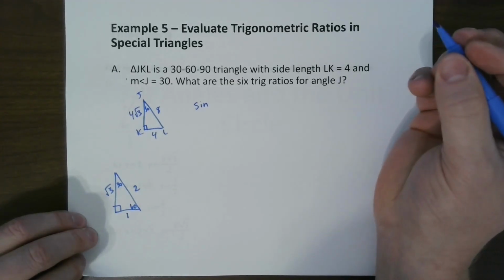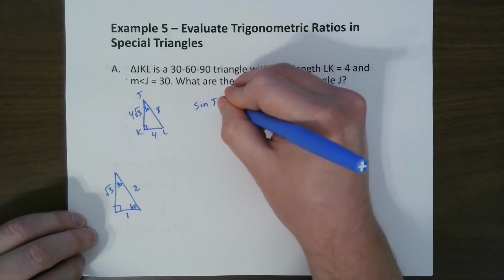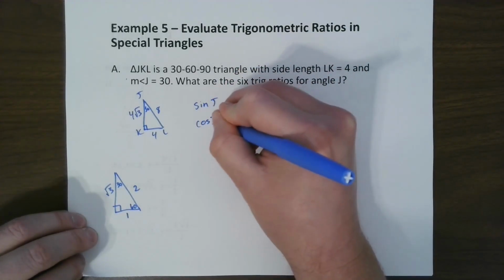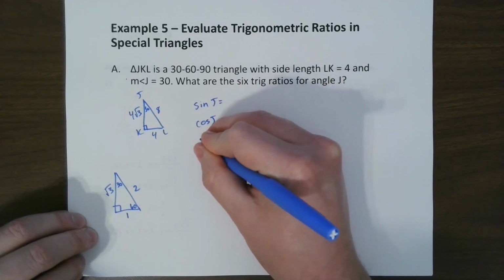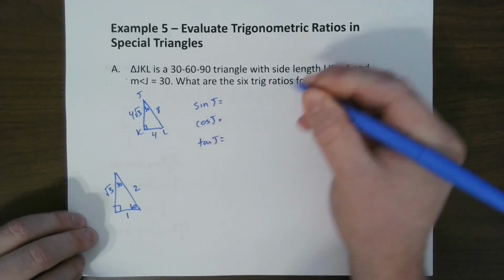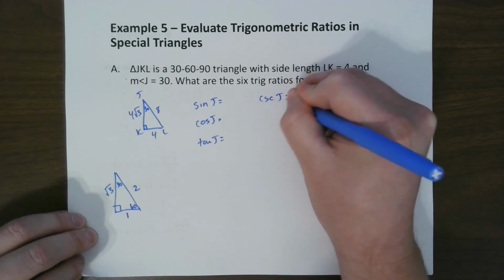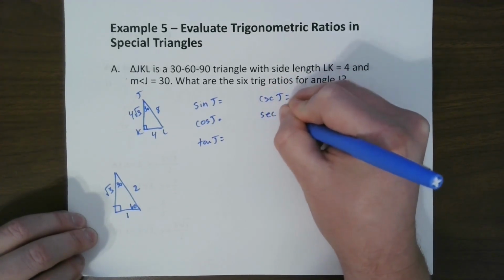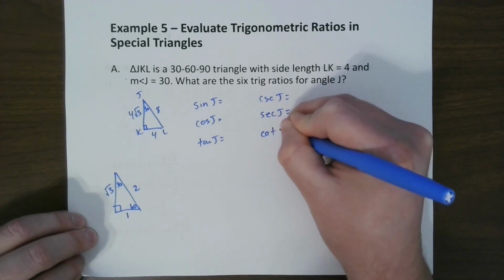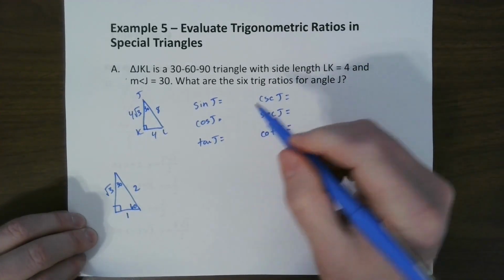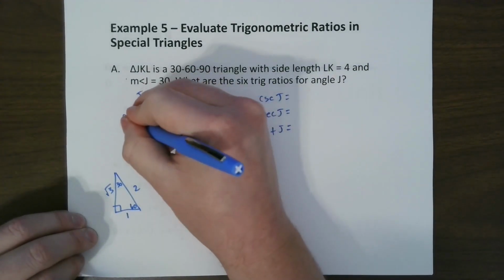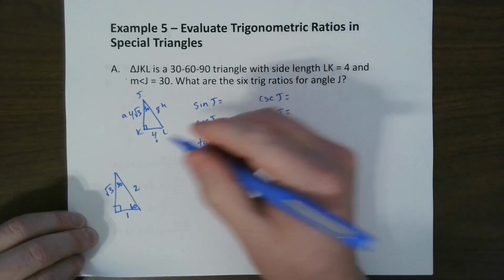We're going to find the sine of J, cosine of J, tangent of J, cosecant, secant, cotangent. Basically what we do here is this is opposite, adjacent, hypotenuse. So same story as before.